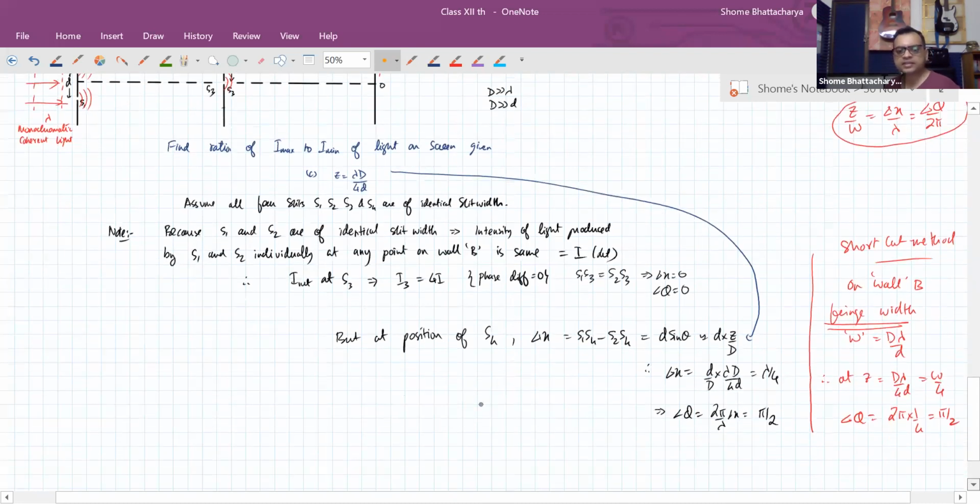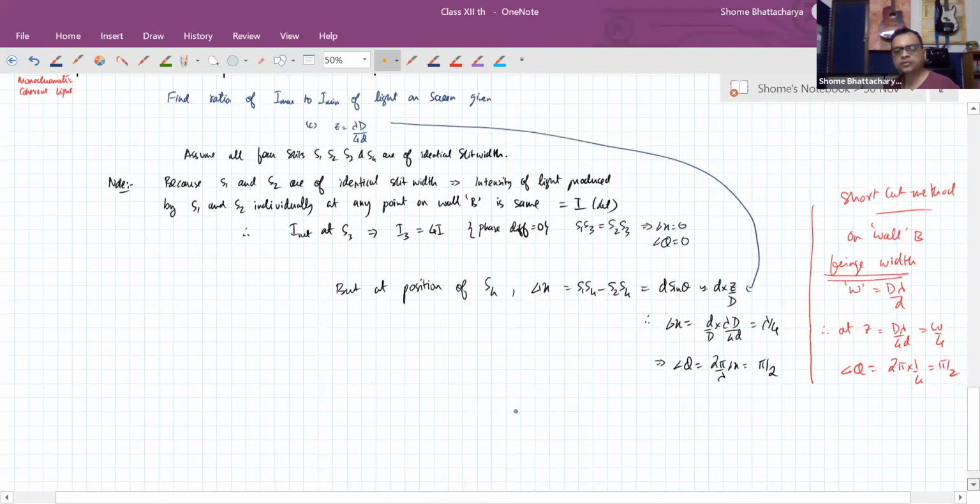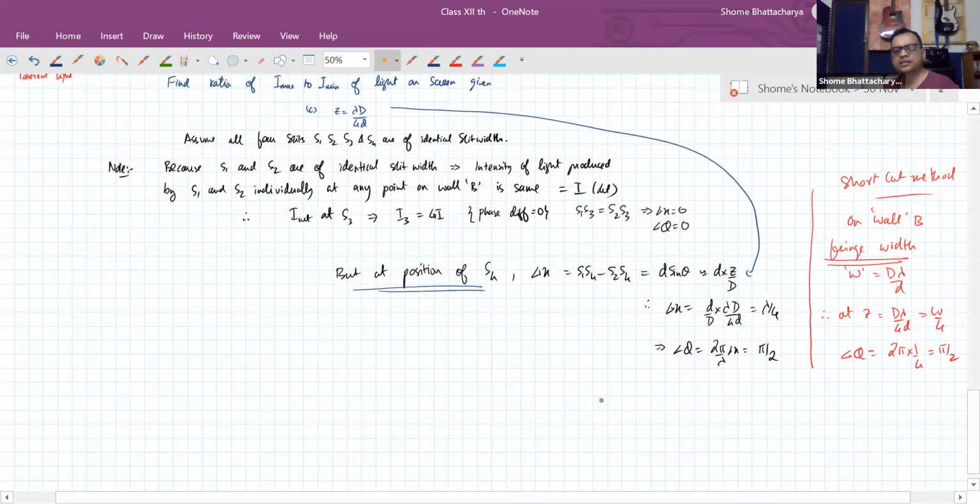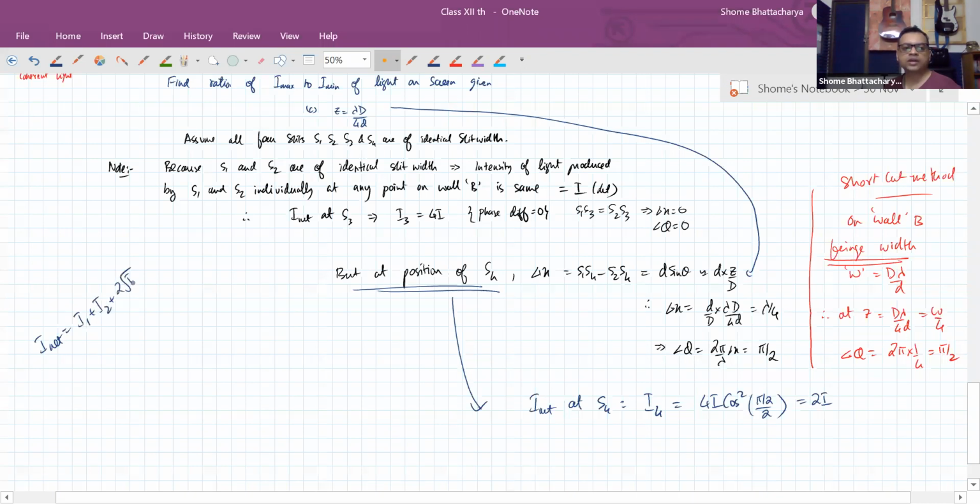So that means the net intensity at S4, let's say that is I4, is becoming 4I cos square of pi by 2 divided by 2. So it's becoming 2I. So remember that formula, the net intensity in general is I1 plus I2 plus 2 times root I1 I2 cos delta phi, and when I1 is equal to I2, that becomes 4I cos square delta phi by 2.